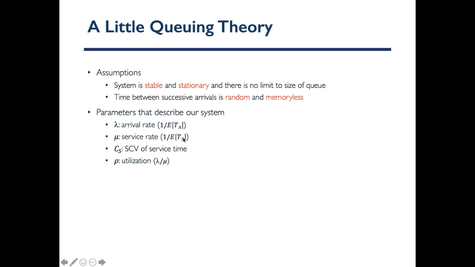The same thing with the service. Our service time is also random. We're not going to spend exactly the same time for every request. Each request may take different times, but we have the average, and that way we can define our service rate. Let's define CS as the SCV of a service time, as was defined in previous slides. And let's say rho is the utilization of our system, basically lambda divided by mu.